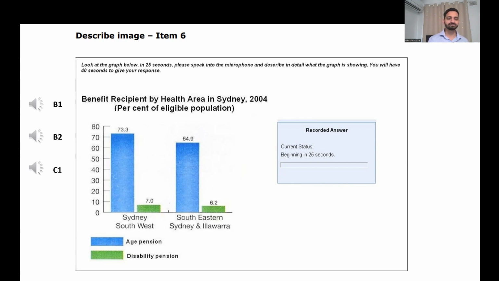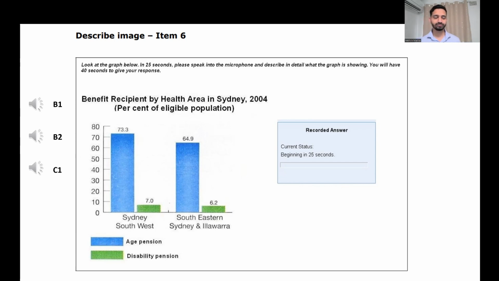Let's look at C1. "The percentage of people in Sydney Southwest that had benefit recipients of health area in Sydney were 73.3% and 7.0%, compared to the area in southeastern Sydney and Illawarra, where 64.9% got age pension and 6.2% got disability pension."